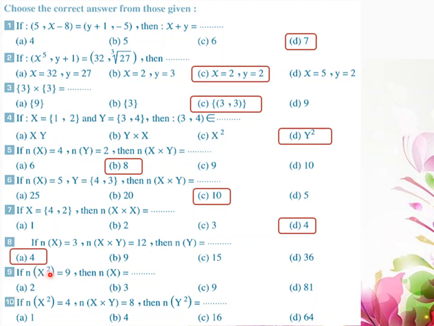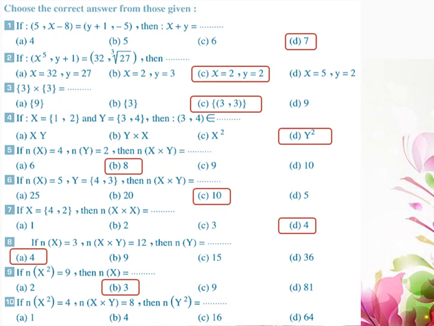n of x squared equals 9, so n of x, the square root of 9, equals 3. Number 10: n of x power 2 equals 4 and n of x cross y equals 8, find n of y power 2.